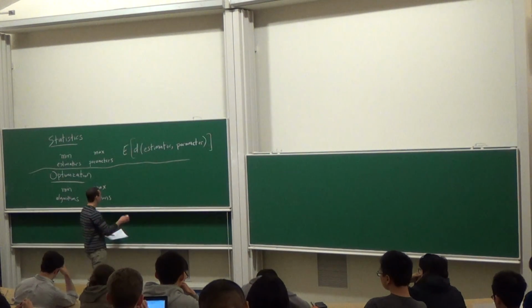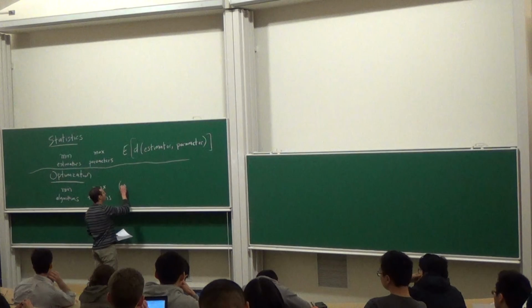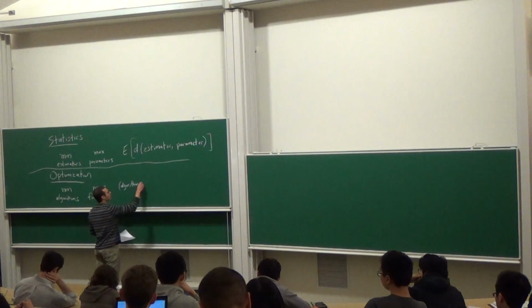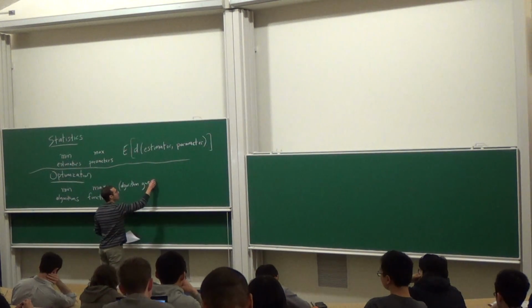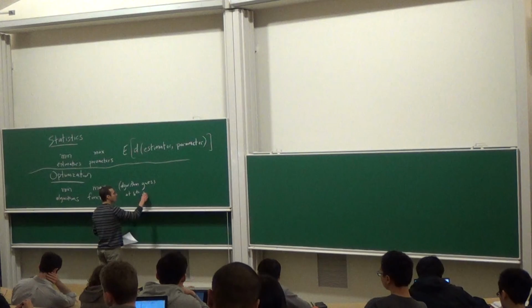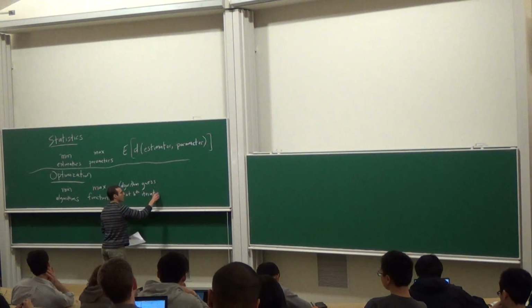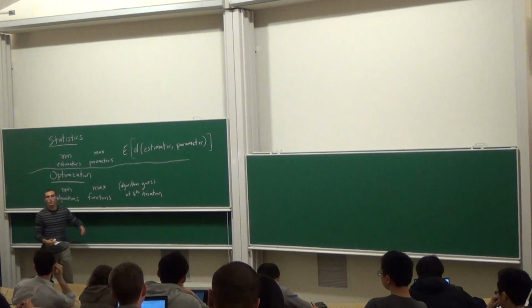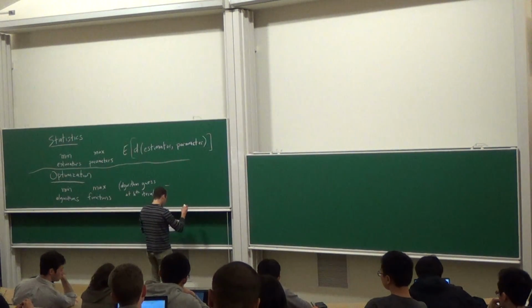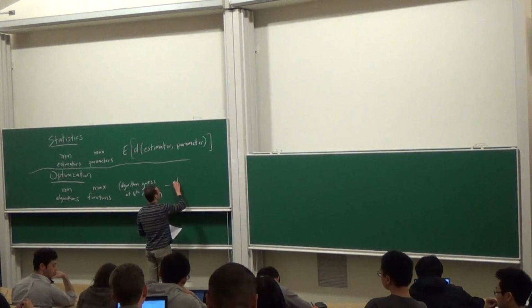And something like the algorithm's guess at the kth iteration. So maybe this is the algorithm's guess for the optimal value of the function, the minimum value of the function, minus the true optimal function value.